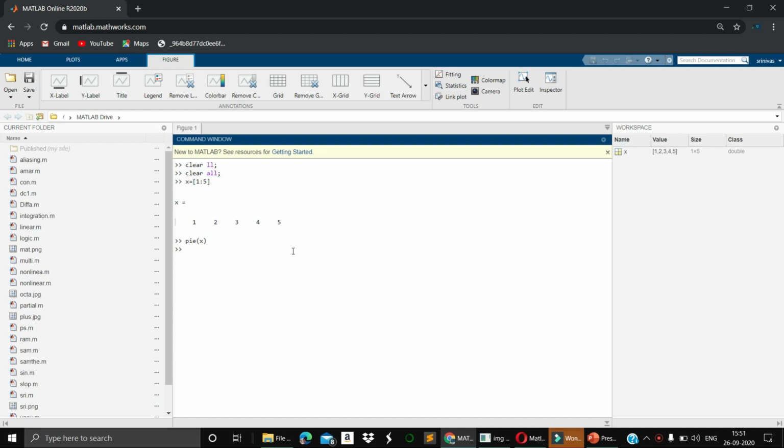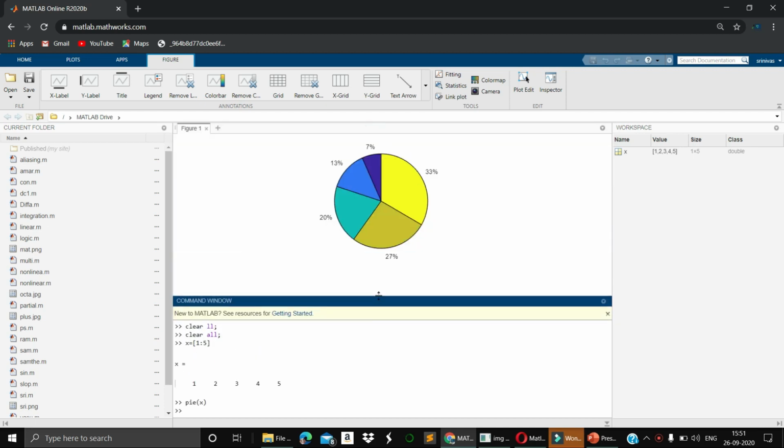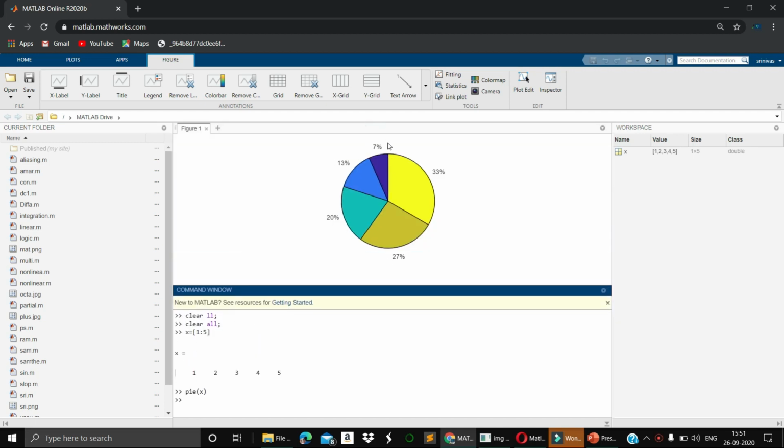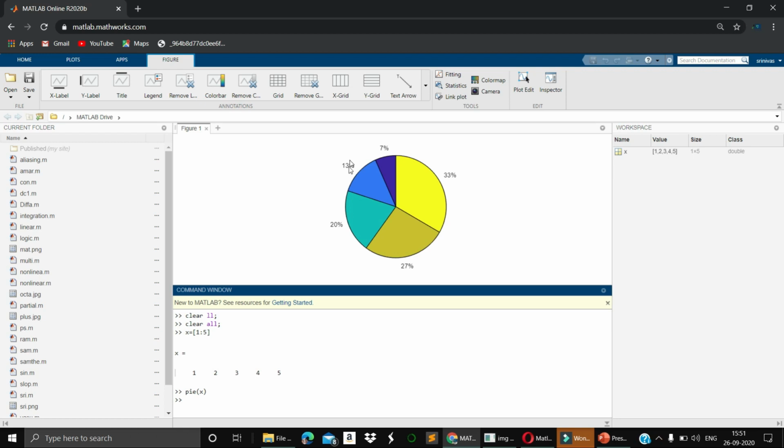So 1 by 15 into 100 gives the percentage, about 6.9, so 7 percent in the first part. In the second term we get 2 by 15 into 100, which is 200 by 15, about 13 percent. In a similar way, everything will be divided.